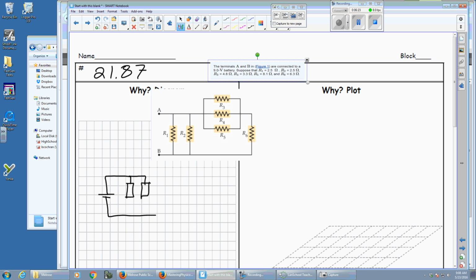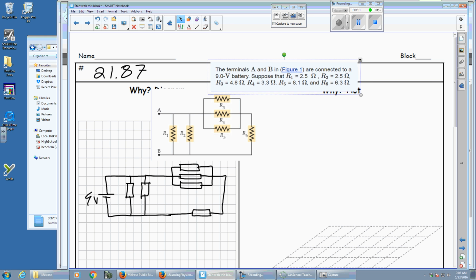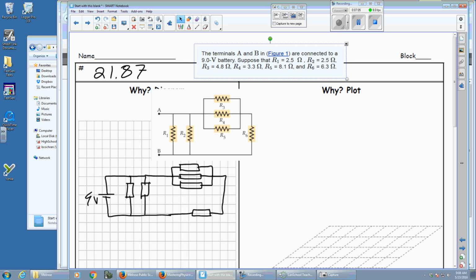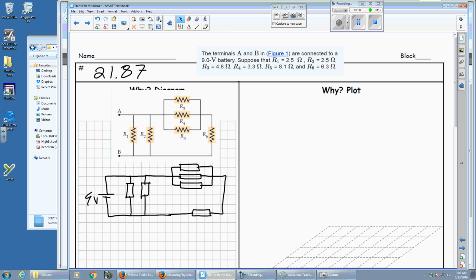Excuse how poorly drawn this ends up being. All right, so 9 volts, R1, 2.5. So then I should label all of those.